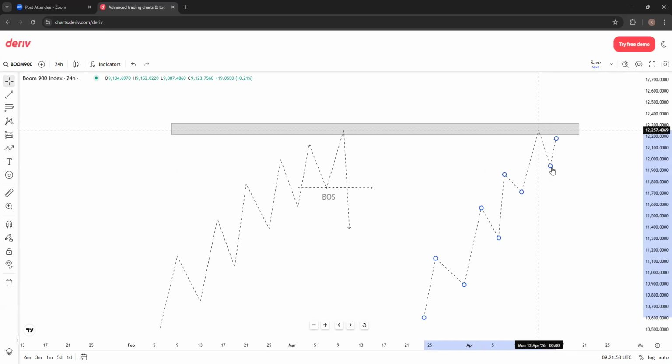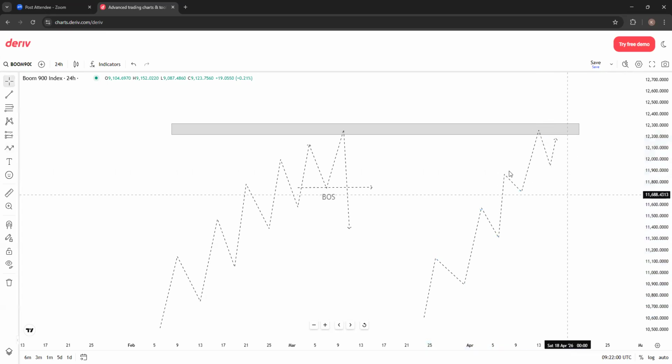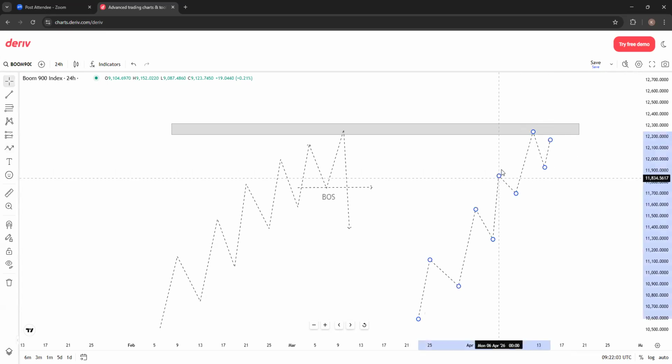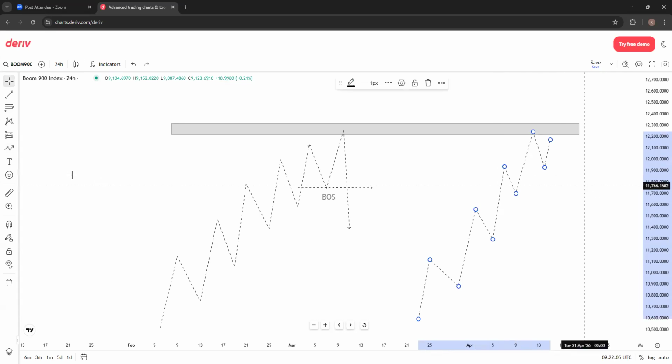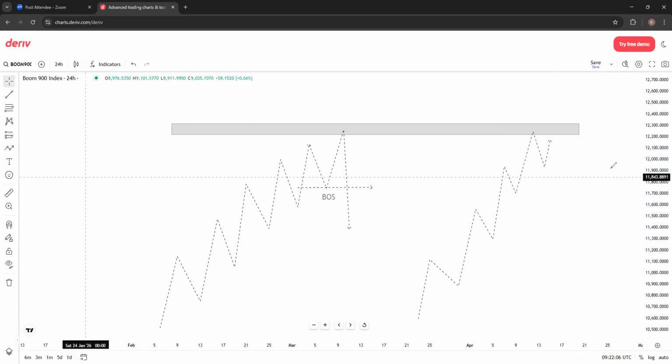When it fails to break this high, it means that the momentum, or the orders that are at this low over here, are not good enough to come and give us a break in price on this high. So if they are not good enough to come and break this price, this means we will fail to break, right?